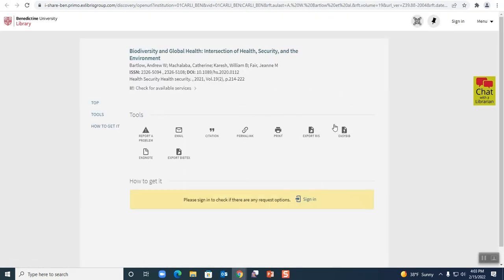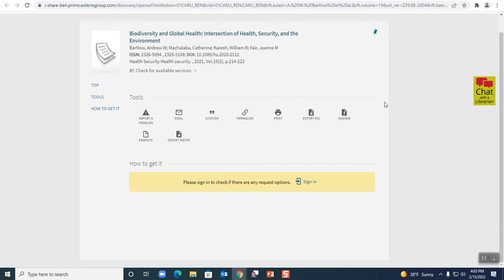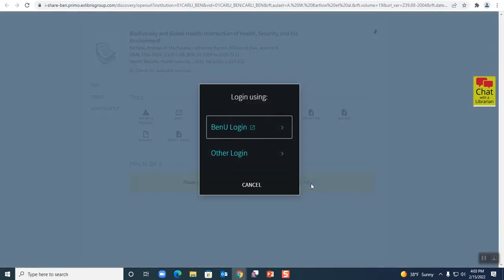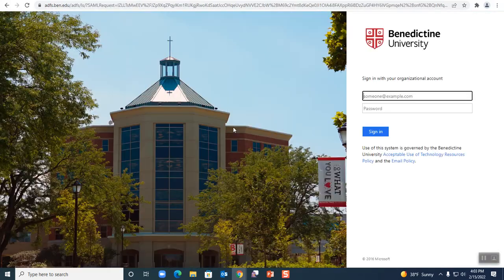Search in the library. It will tell you if we have it or not. And if it says we have to sign in, this is your Ben EDU login, which is what I'm going to put mine.